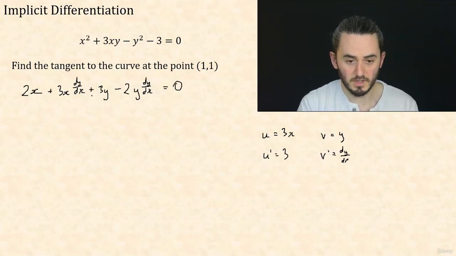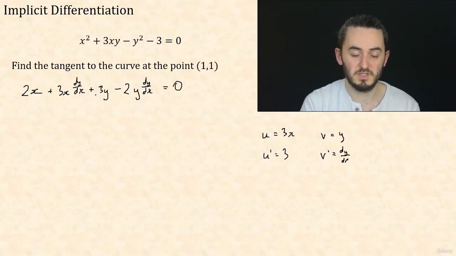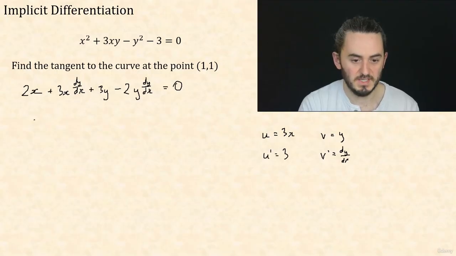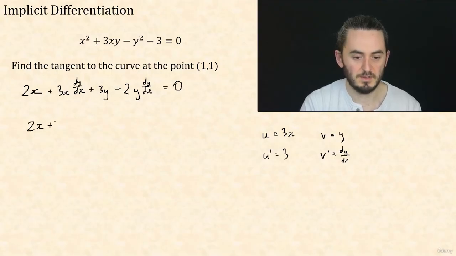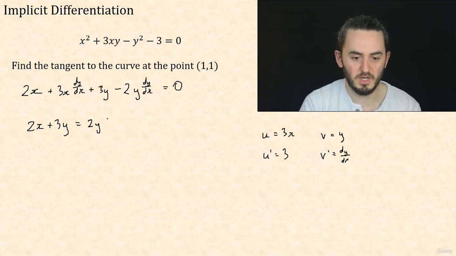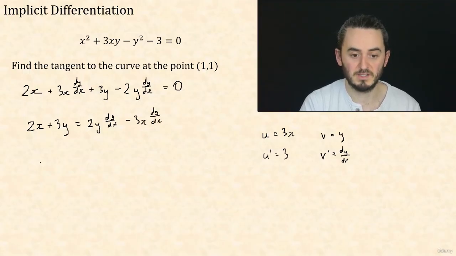Okay, so I want to find what dy by dx is. So I better get all of the dy by dx's on one side and everything else on the other. So I'm going to keep my 2x and my 3y here, and I'll get a 2y dy by dx and then a minus 3x dy by dx. And now I can factorize out my dy by dx.